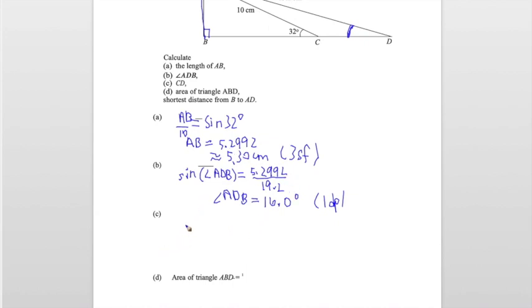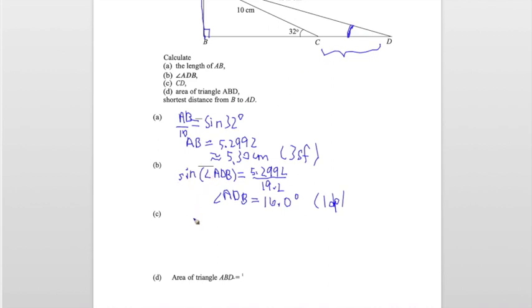Alright, now we want to find the length of CD. So to find the length of CD, we need to find the whole length here. Now we can use Pythagoras theorem to find BD, and then we need to use to find this length here.